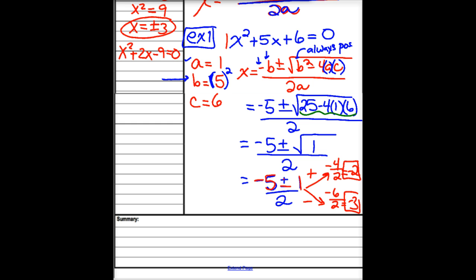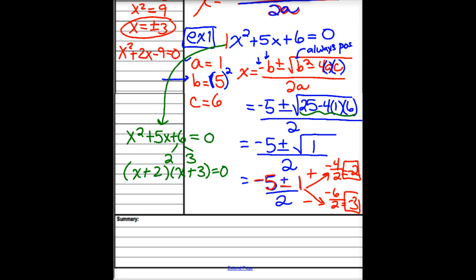I will tell you that this one, because it factored, I purposely chose. If I were to give this one to my calculus students, they would never have launched into the quadratic formula, because 2 and 3 make a 6 and add up to 5.